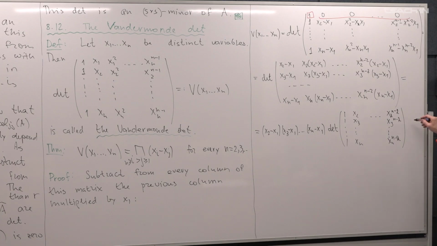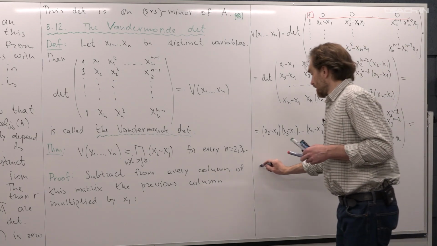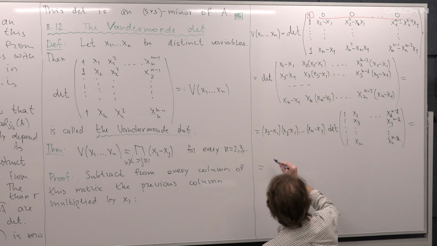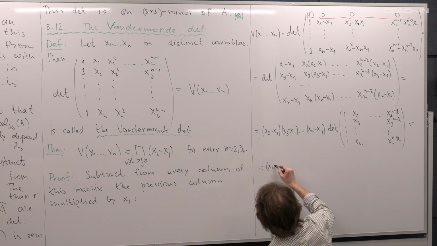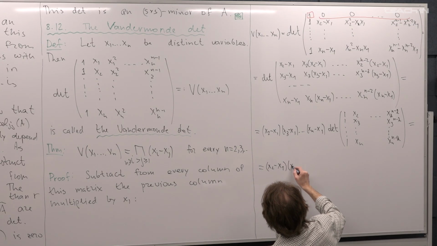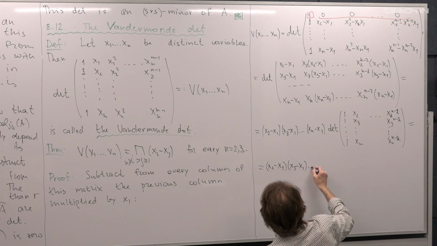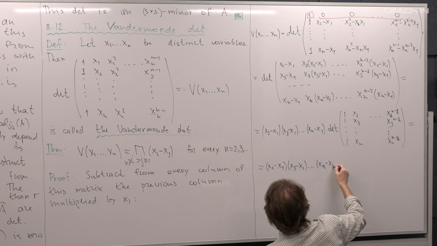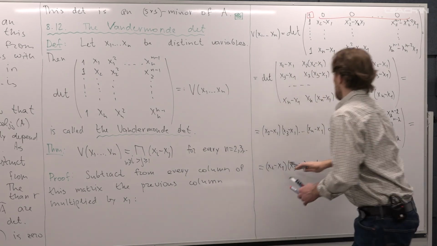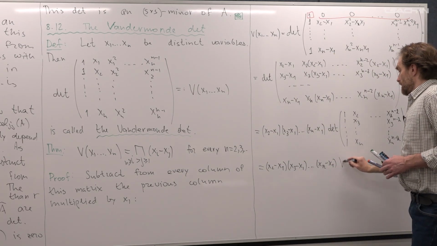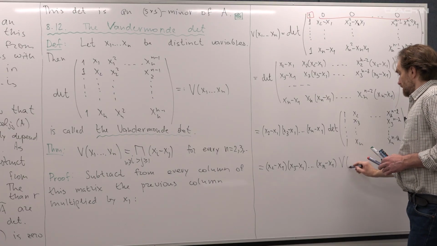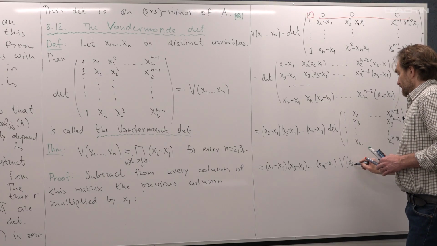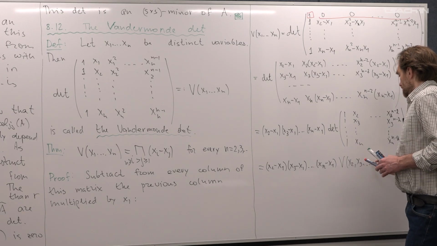So this is what we get, and we come to the conclusion that the determinant of the original matrix has the form where we have the product of n minus 1 factors of this form by the Vandermonde determinant of the variables x2, x3, and so on.